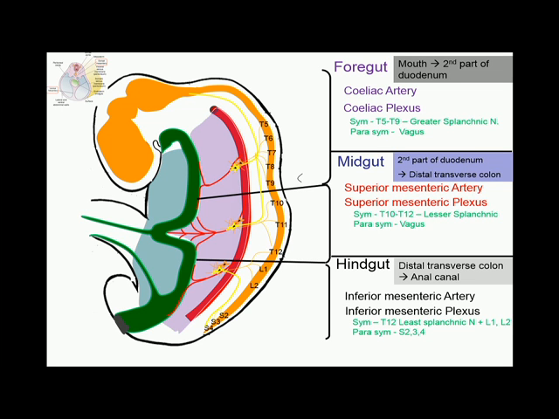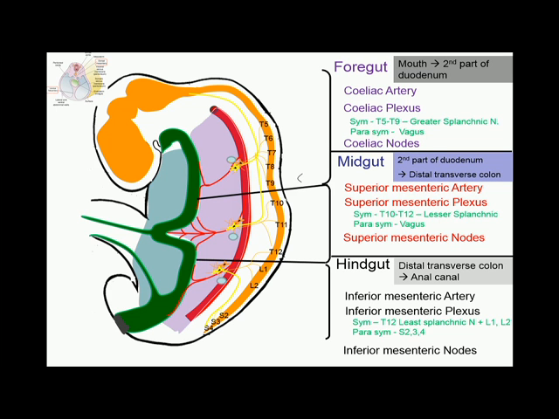So we have covered the artery supply, basic, and the nervous supply, and it is directly related to the development: foregut, midgut, hindgut. Okay? And the third one is the lymphatic drainage. Again, there are three sets of nodes, celiac nodes, superior mesenteric nodes, and inferior mesenteric nodes, in relation to the three main arteries, and they drain the three different components of the GIT.